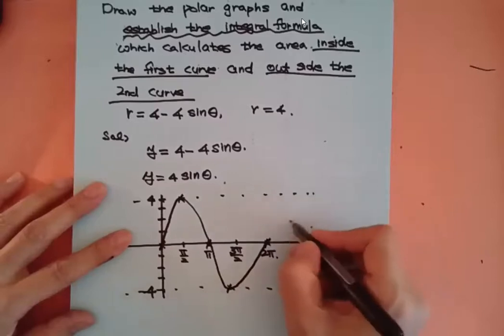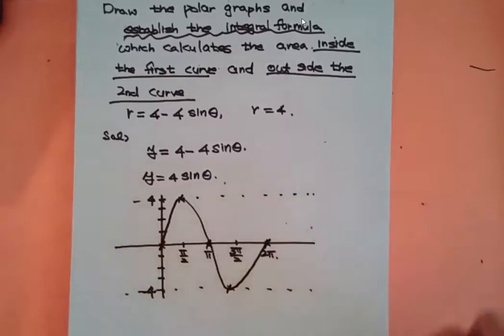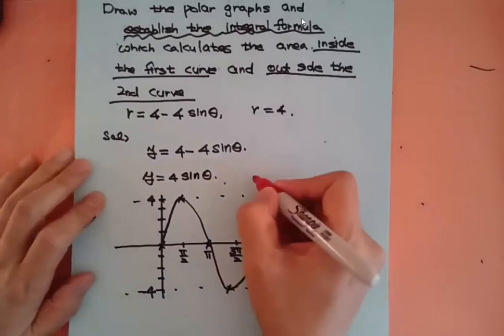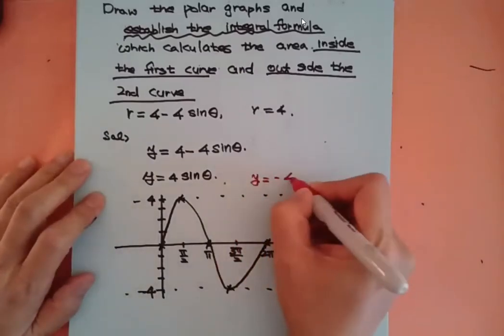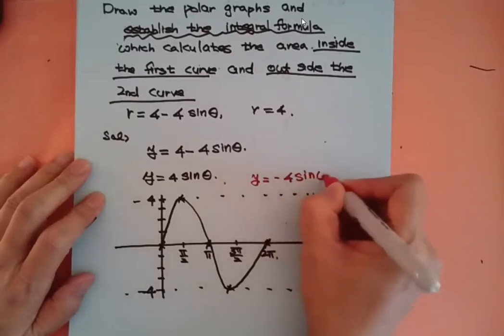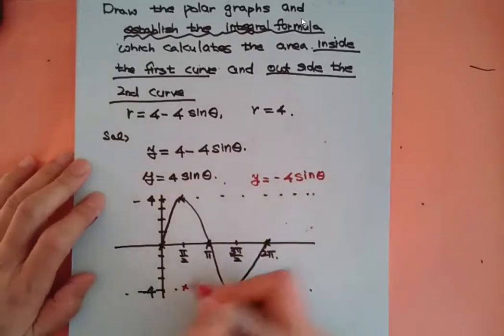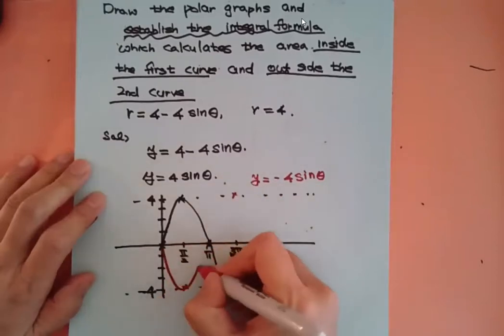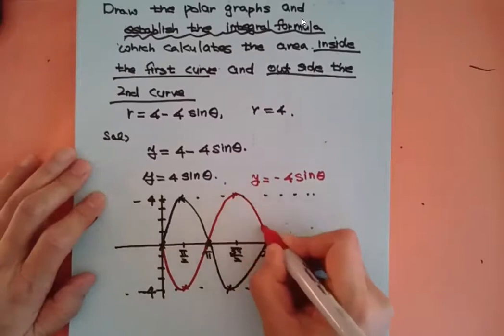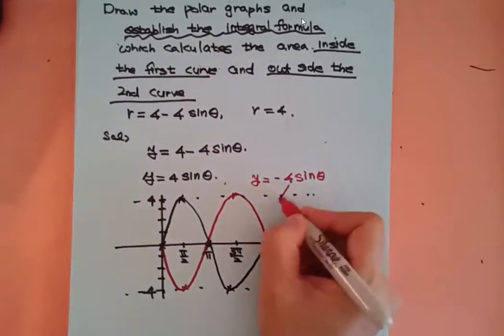So this is the one cycle of y equals 4 sine of theta, but what is used here is minus 4 sine of theta. So we have to do a vertical reflection. We will just flip it, then it looks like this.